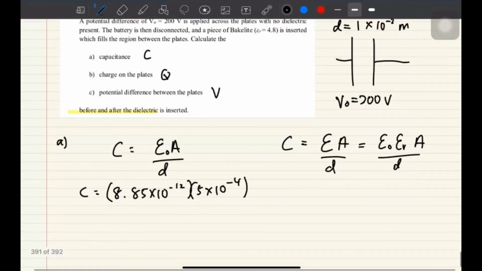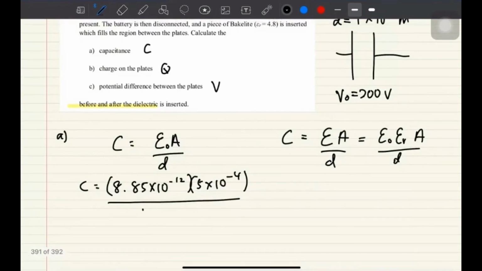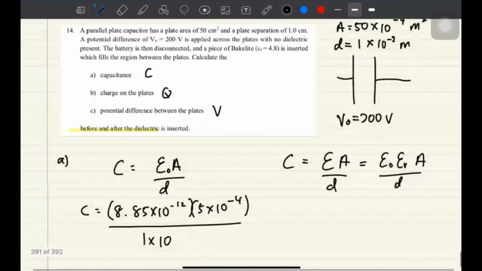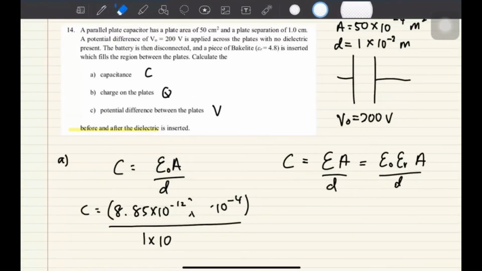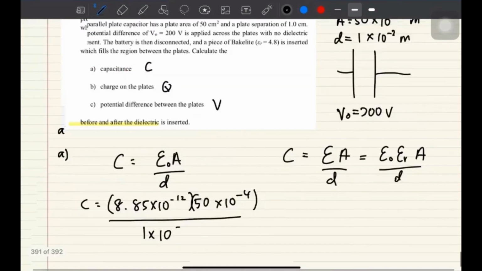The distance between the two plates is given 1 cm, negative 2.